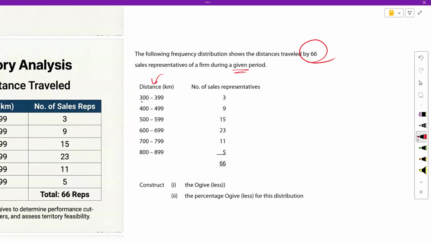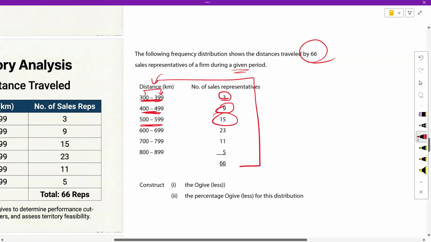For travel distance 300 to 399, three sales reps traveled. For 400 to 499 kilometers, nine sales reps traveled. For 500 to 599, 15 sales reps traveled. So that data is given.